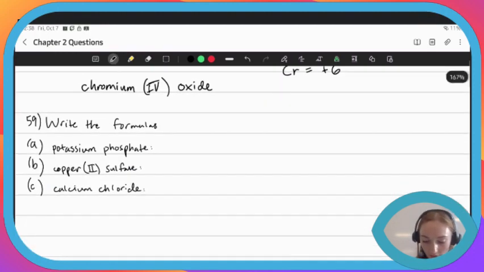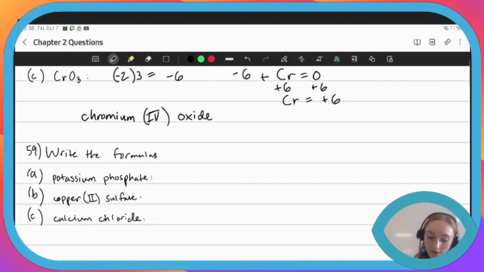Okay, now let's go over 59A. So we're going to be writing down the formulas this time. So we have potassium phosphate, and so what that looks like is potassium is a metal. It's an alkali metal. So we have K here as a symbol, and we have plus 1 because that's the charge it has.